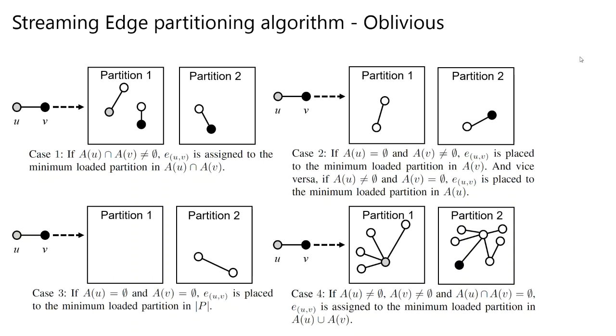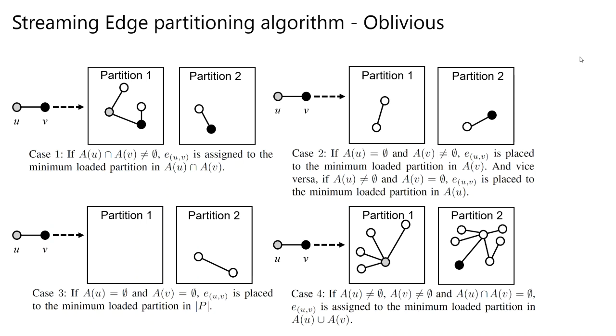In case 1, UV is the incoming edge. Both of the vertices are already present in the same partition. So we directly place the edge in partition 1. Only in this case, it doesn't create any replica. In case 2, if only one of the two vertices has been assigned, in order to exploit data locality, we co-locate the edges.